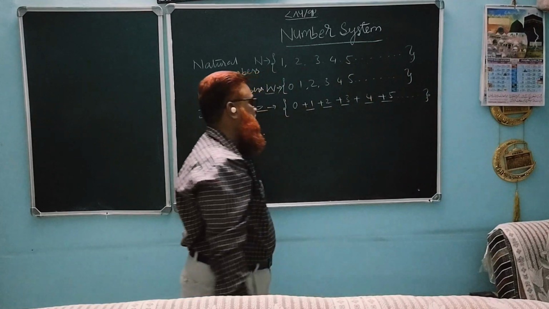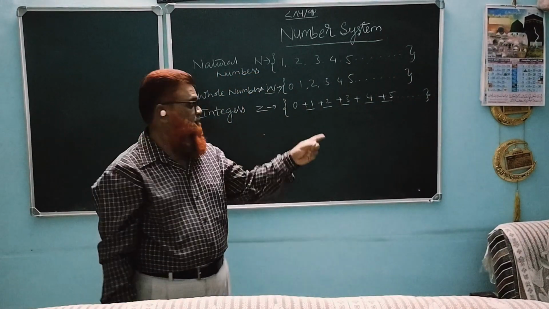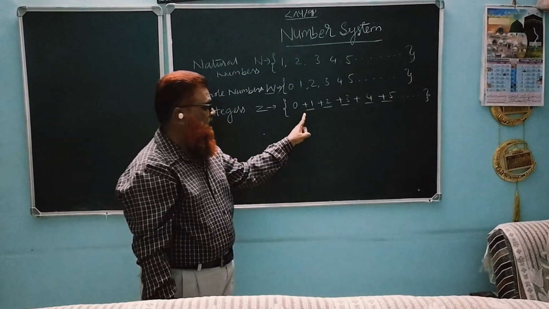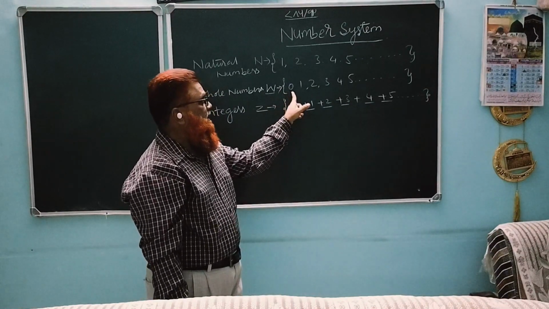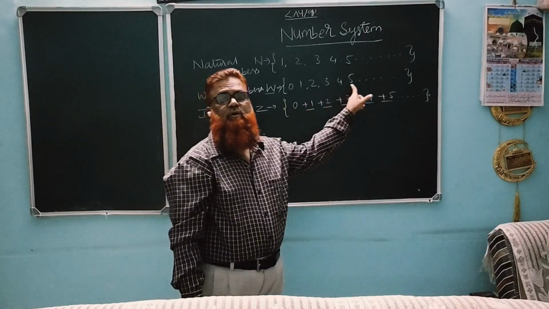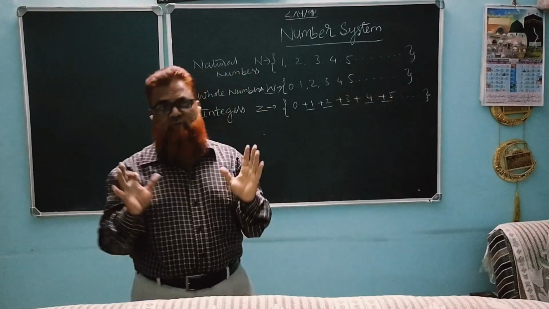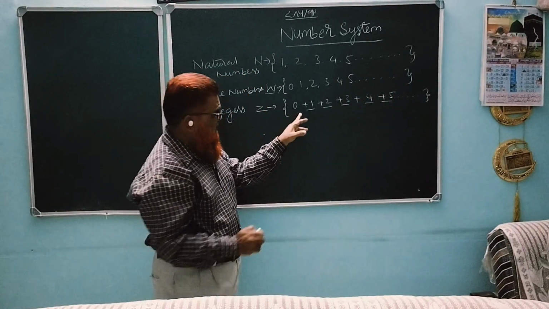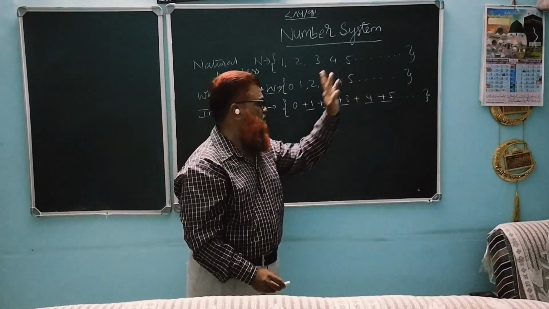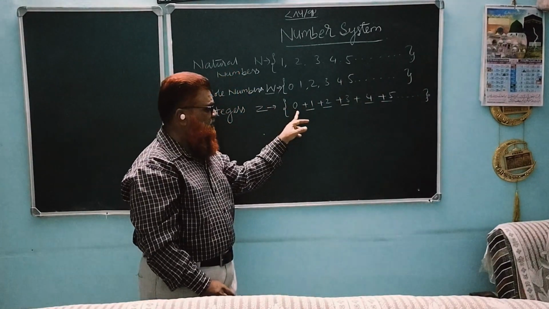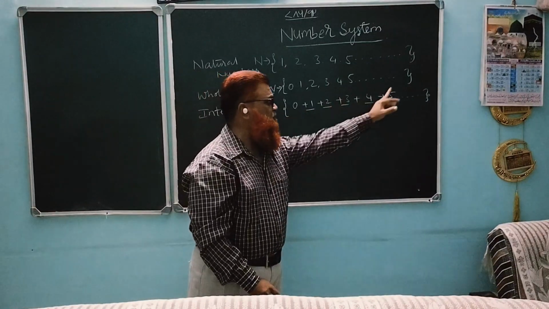It is infinity. What do you find here? You may find very clearly that in whole numbers we have taken 0 and all of 1, 2, 3, 4, 5, all positive numbers. So the same thing is repeated in whole numbers, 0, plus 1, plus 2, plus 3, plus 4. Similarly, in integers 0, plus 1, plus 2, plus 3, plus 4, plus 5.